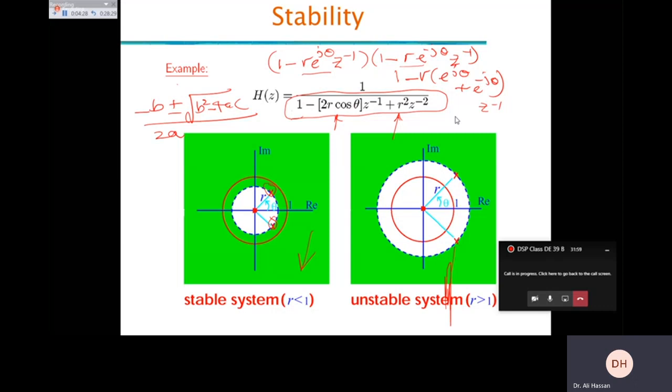So by just looking at the difference equation, we can comment whether the system is stable or not.